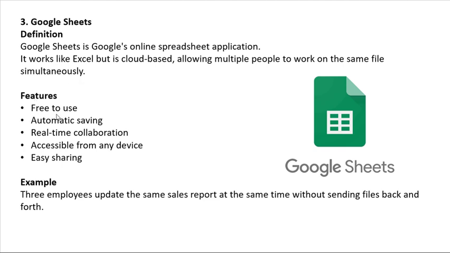The features: it is free to use, with automatic saving, real-time collaboration, access from any device, and easy sharing. For example, three employees update the same sales report at the same time without sending files back and forth.